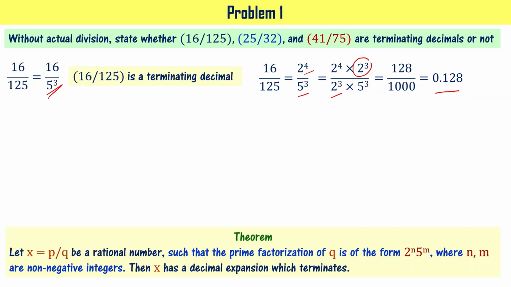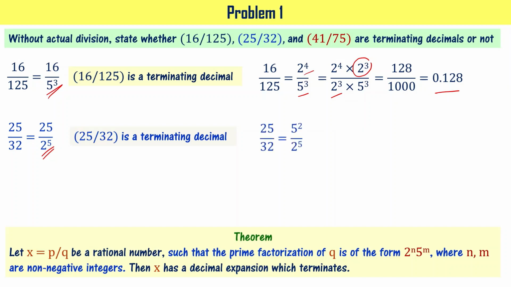Let's now go to 25 by 32. 25 by 32 can be written as 25 by 2 power 5. Since 2 power 5 is there in the denominator, I'll simply say that 25 by 32 is a terminating decimal expansion. If you want to prove, 25 by 32 can be written as 5 square divided by 2 power 5. I want to have 5 power 5 in the denominator also. So I'm multiplying both numerator and denominator with 5 power 5.